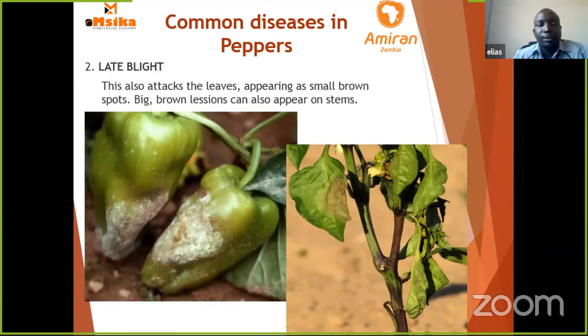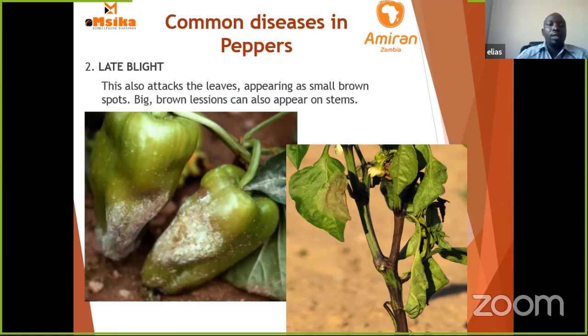The other disease is called late blight. This also attacks the leaves, appearing as small brown spots, big sometimes, and brown regions can also appear on the stems, just as you are able to see from the pictures that have been given there.